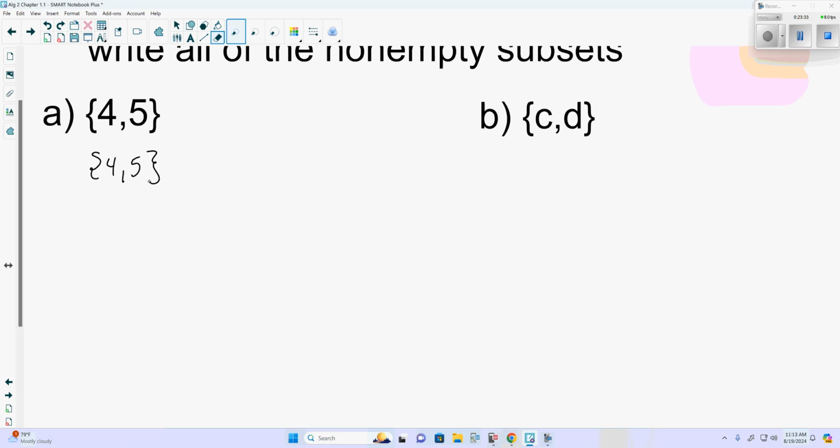4 is a set, 5 is also a set. Because we could have the subset of just 4 and the subset of just 5, and we could also have the subset 4, 5. C, D, what's one of our subsets?